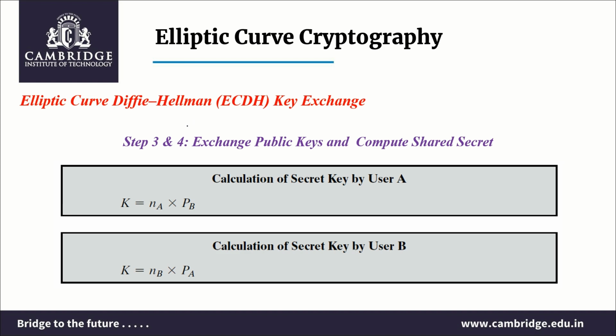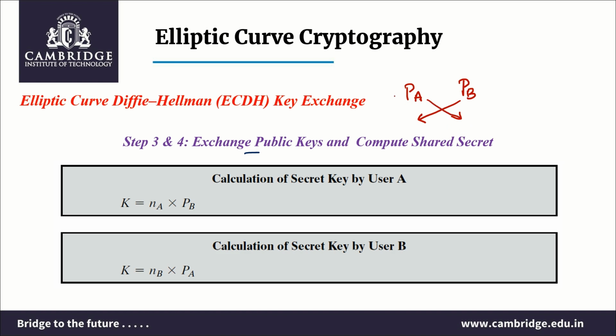And next is exchange of the public key and computing the shared secret. Now in this step, what happens? The public key that is created, PA and PB. B will send PB to A, and A will send PA to B. This is what we also see in Diffie Hellman, right?